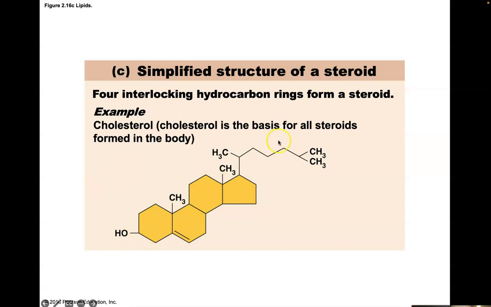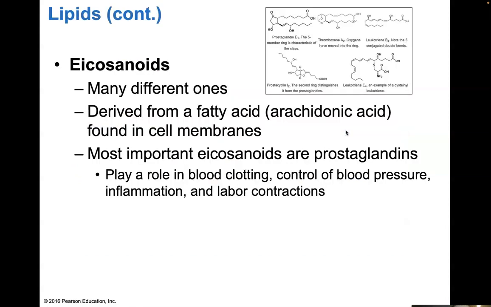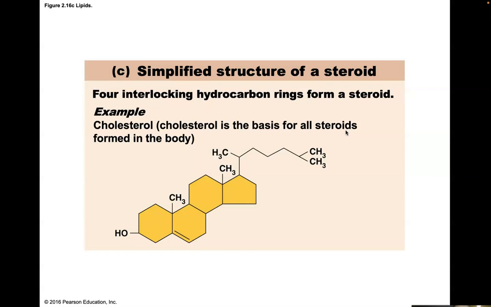So again, cholesterol is the biggie. It's the basis for all steroids formed in the body. Believe it or not, we think of it as bad, but it's actually really important, right? So cholesterol kind of gets a bad name. It just depends on what types of cholesterol transporters. When we talk about cholesterol being a bad thing, we're actually talking about the cholesterol transporters, not actually cholesterol itself.